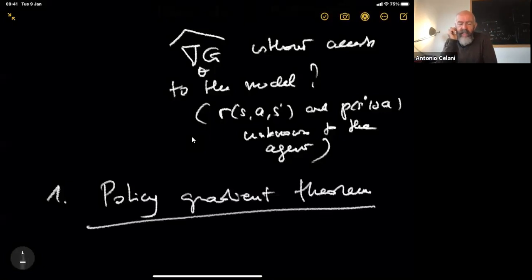And the good news is that we already derived this. So all the calculations that we need, we have already done when we were discussing how to derive the Bellman equation.